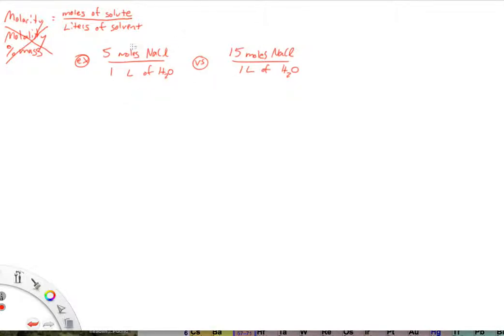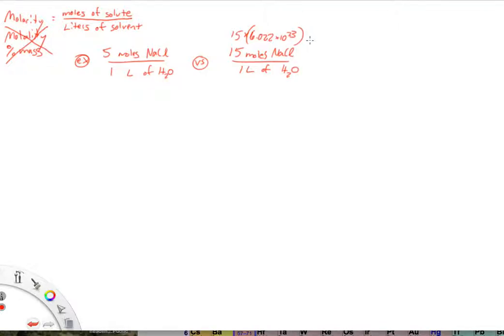So, which one of these is more concentrated? It should be obvious here. The 15 one. Yes, there are more of these NaCl dissolved in this water than there are over here. When we talk about moles, it's really 15 times 6.022 times 10 to the 23rd. These aren't really molecules, but they're pairings, I guess, like ionic bonds.